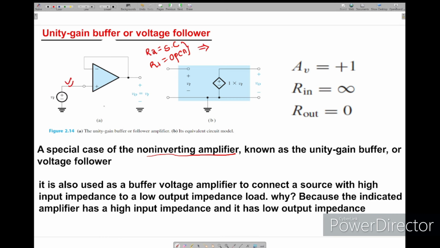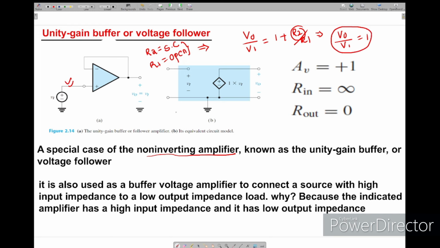The analysis is the same. Earlier we got V0 by Vi equal to 1 plus R2 divided by R1. Now R2 is a short circuit, 0, and R1 is open, meaning no value. 0 divided by anything is 0, so we get V0 by Vi equal to 1.